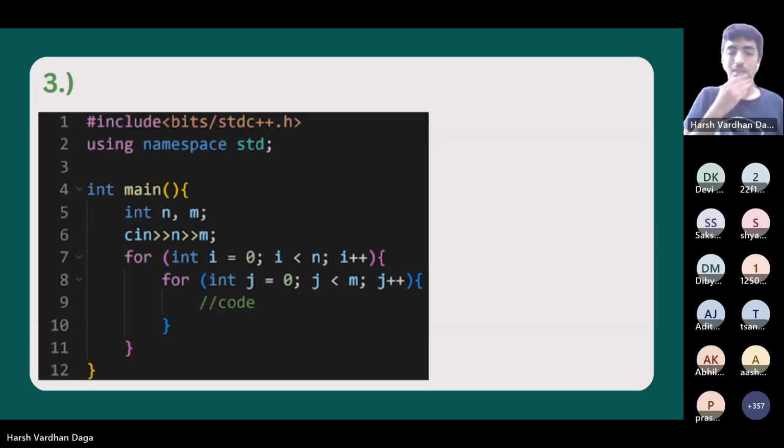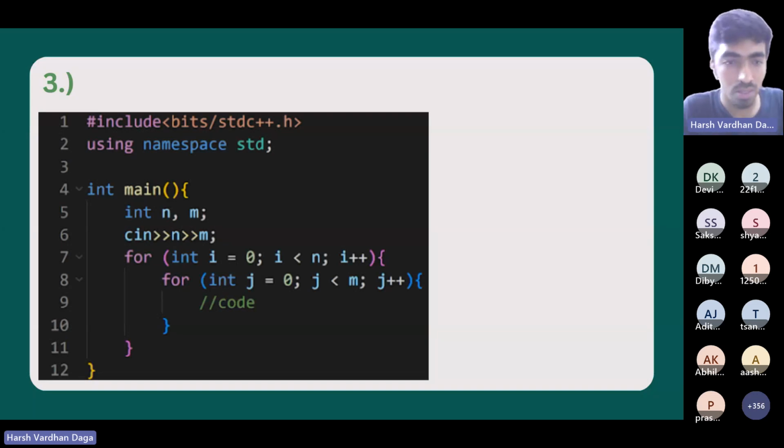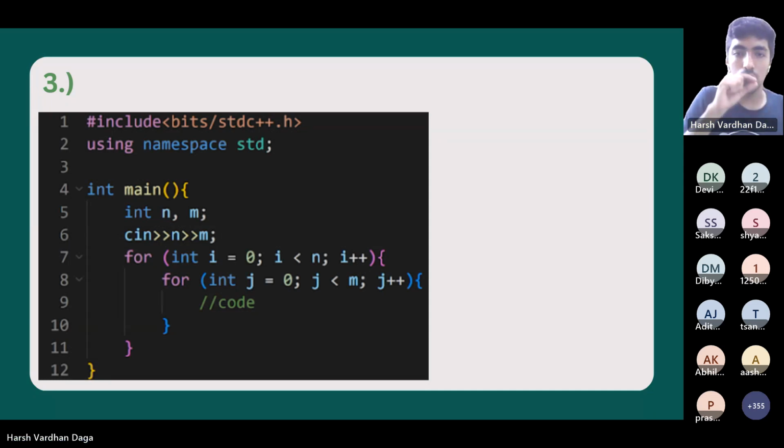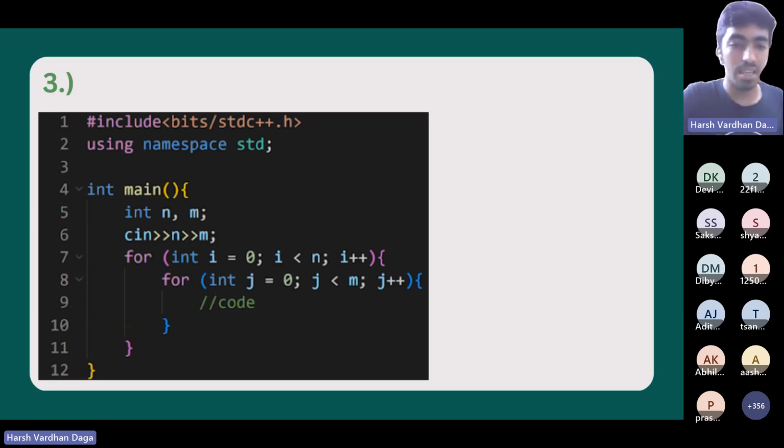Okay, the first question is nested for loops. Let me introduce you to nested for loops and how a nested for loop works. Basically, it works like a normal for loop, which has one for loop inside another. In a for loop, you know that the variable in the argument of the for is incremented one by one, or according to what is mentioned there.